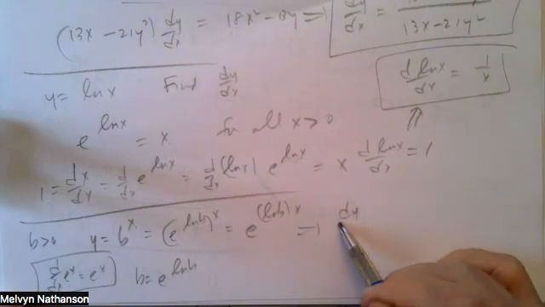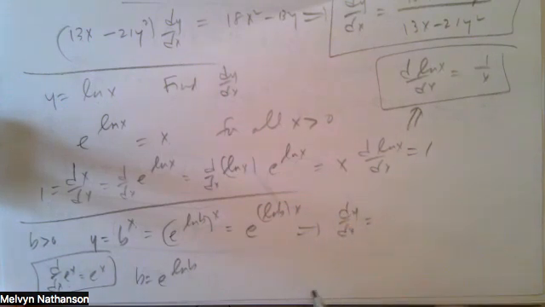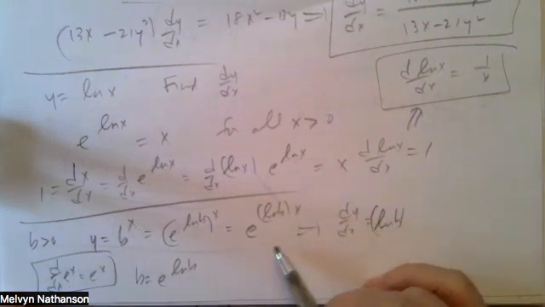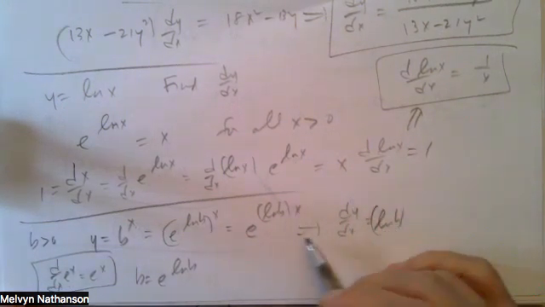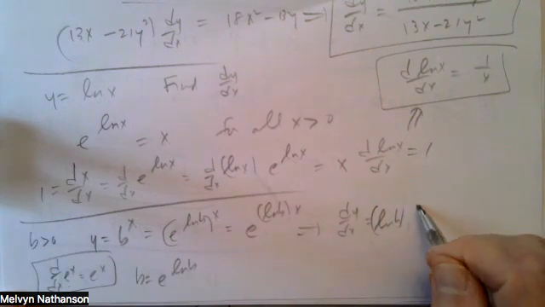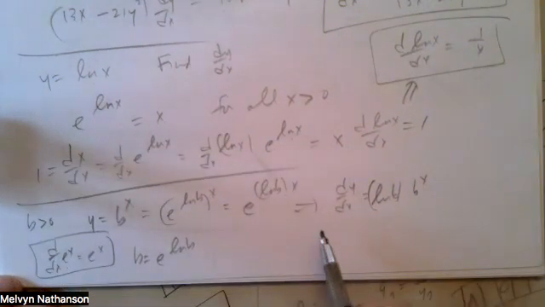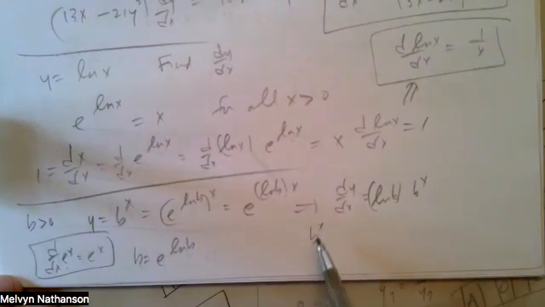So dy dx, by the chain rule, you take the derivative of log b times x with respect to x, that's log b, times the derivative of e to the log bx times e to the log bx, or b to the x.